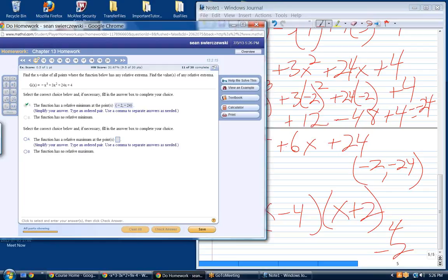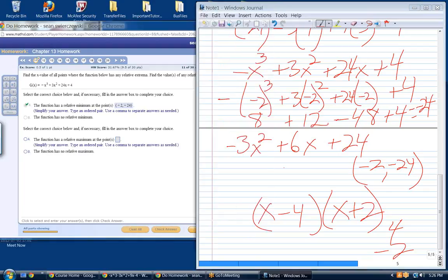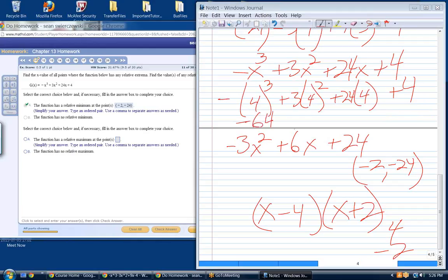Well, the maximum is going to be at 4. So let's go in here and plug in 4 to see what the y value is when x is 4. This is minus 64 plus 48 plus 96 plus 4.